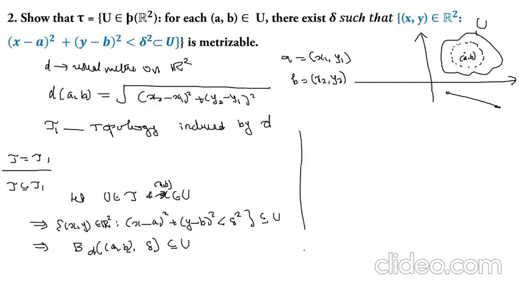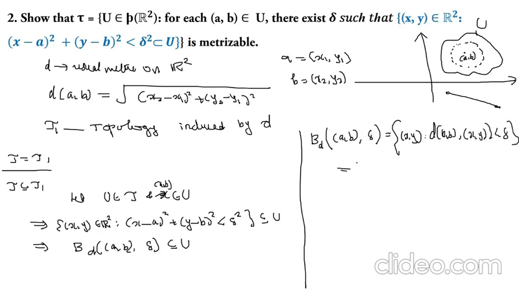Let's see what is the open ball with the center (a, b) and radius delta. This is nothing but the collection of all ordered pairs (x, y) belongs to R2 such that the distance of (a, b) and (x, y) is less than delta.